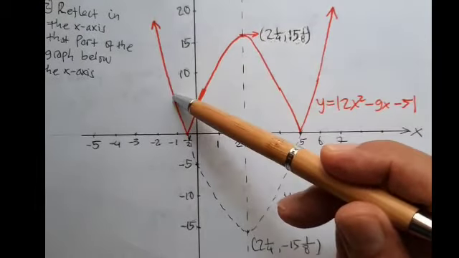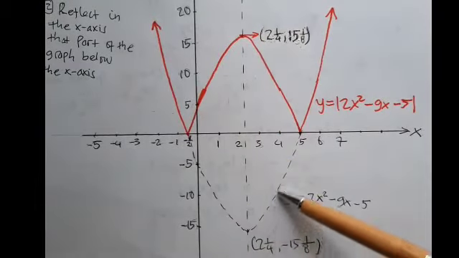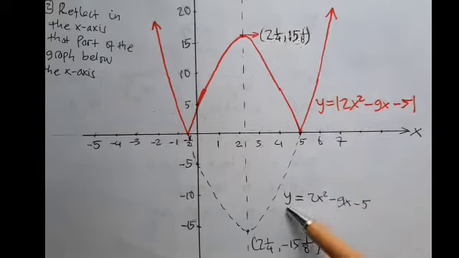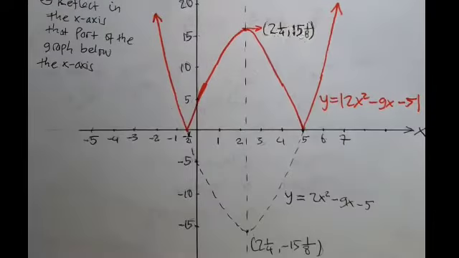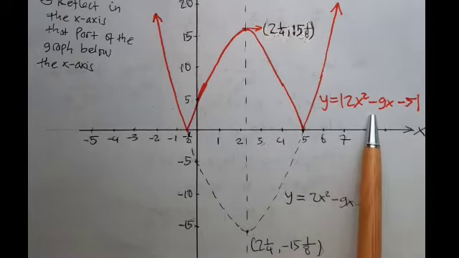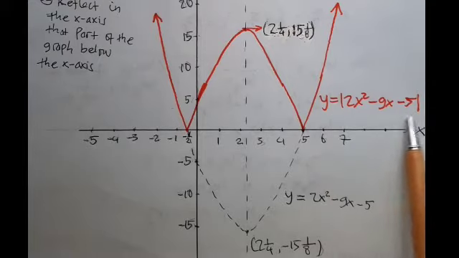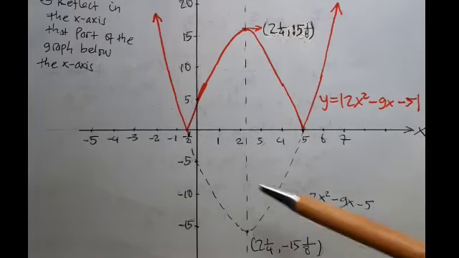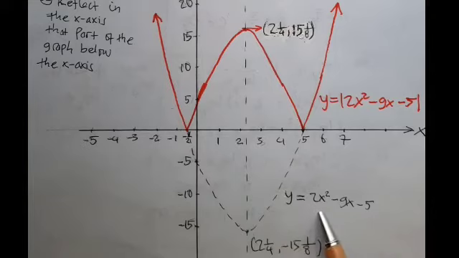This part is the graph of y equals 2x squared minus 9x minus 5. The question is to find the graph of y equals the absolute value of 2x squared minus 9x minus 5. To find it, we use the graph of y equals 2x squared minus 9x minus 5.